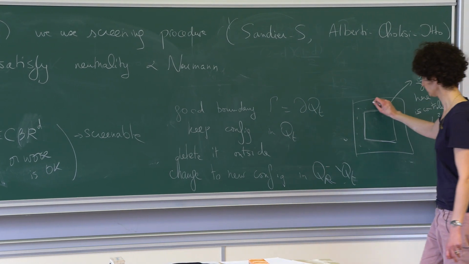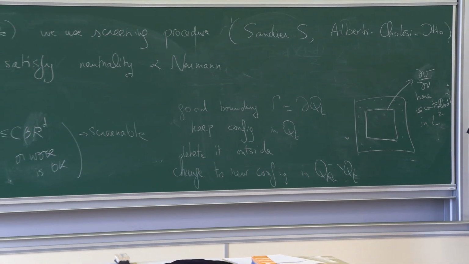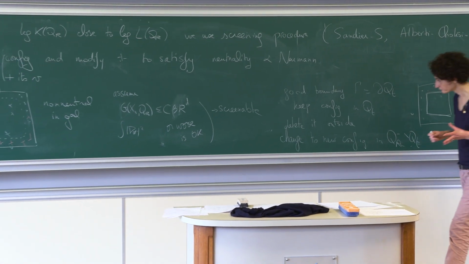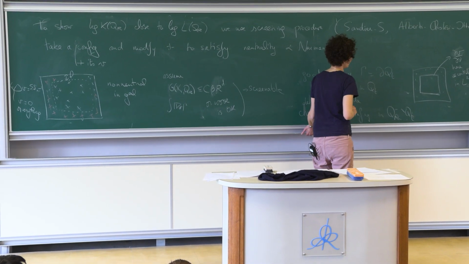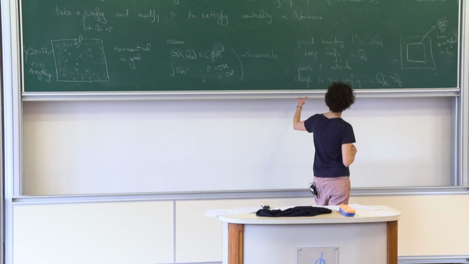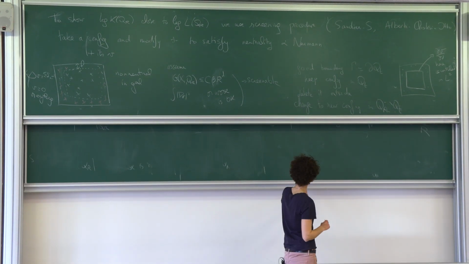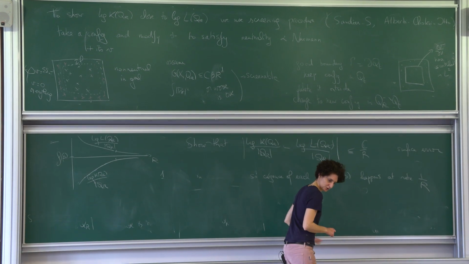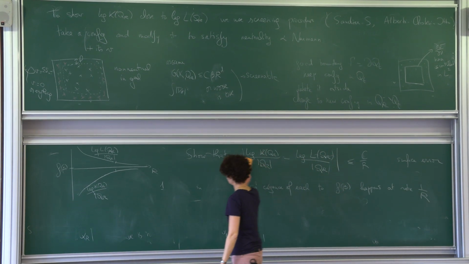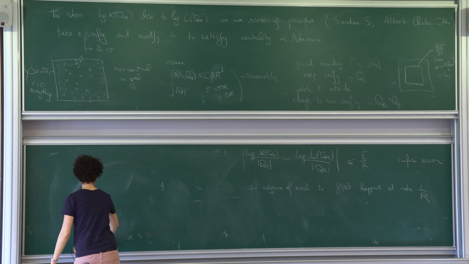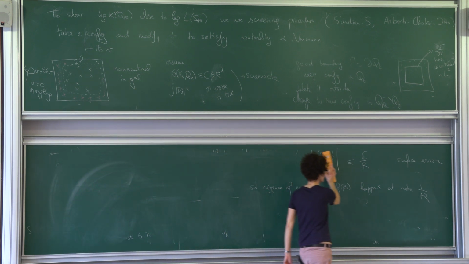Here it's going to be new. And you're going to do it in such a way that you solve the Neumann problem on the boundary. So in fact, the way to do it is you need to introduce some smaller cubes.